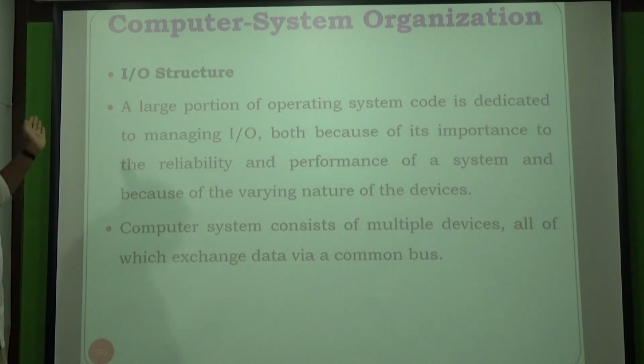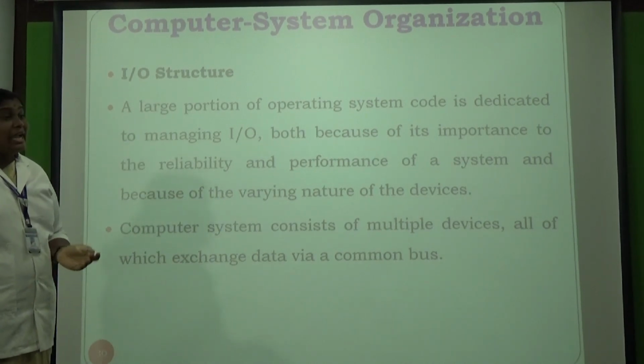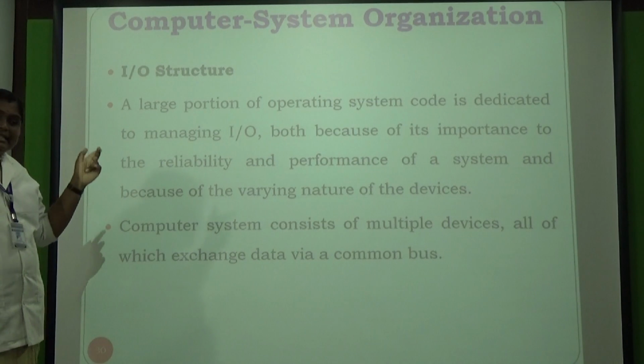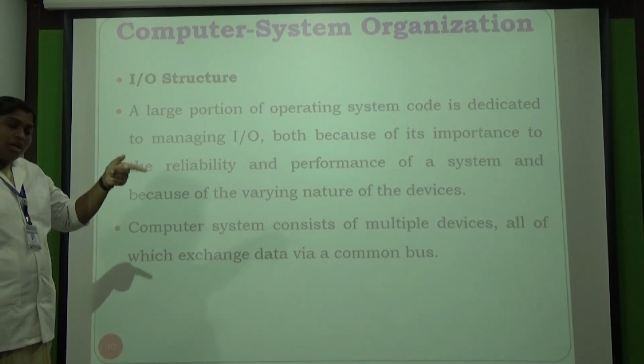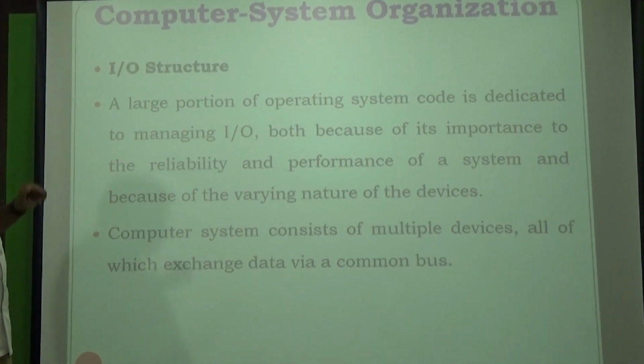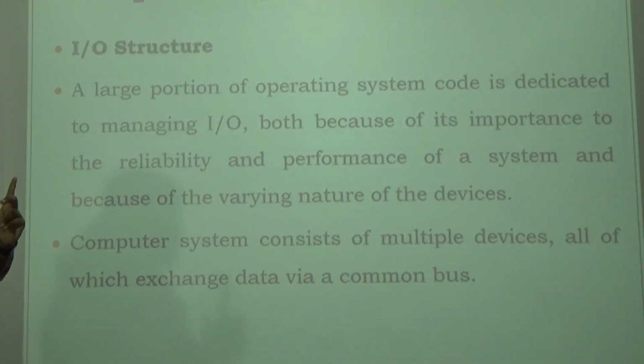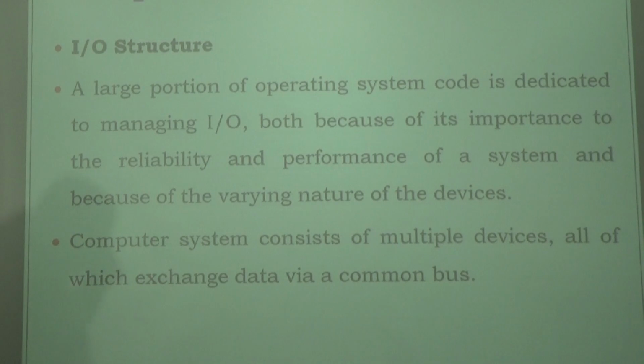Next we look at I/O structures. We have already seen the interrupts and the storage structures. Now we are going to see the I/O structures. This is nothing but input and output operations, which are a large portion of the work of the operating system.